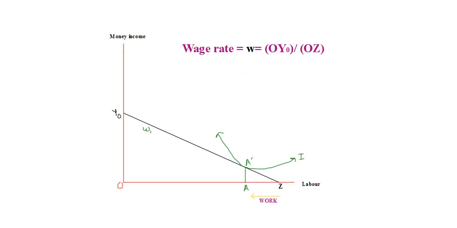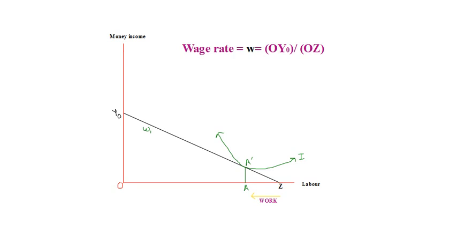So it implies that when the wage rate is W1, the individual is in equilibrium by working for AZ hours, and by working for AZ hours he is getting an income equivalent to A dash, and the remaining time available for leisure is given by OA.